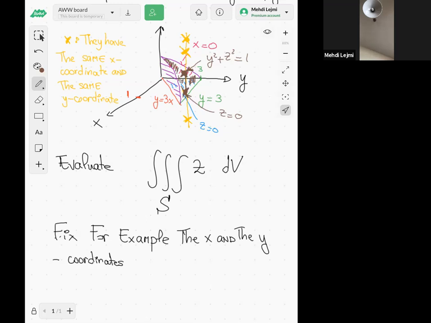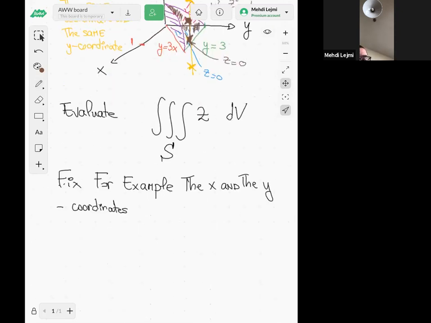So when you fix an X and Y, the intersection with the solid would be the set of points between the height Z equals 0 and your cylinder.